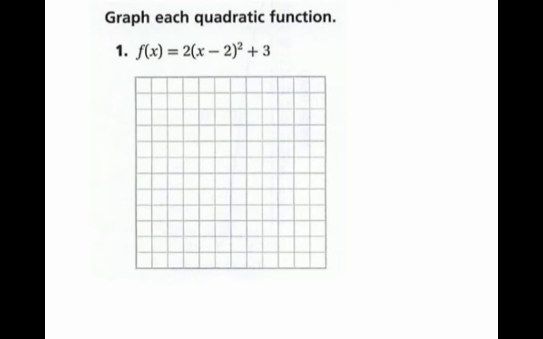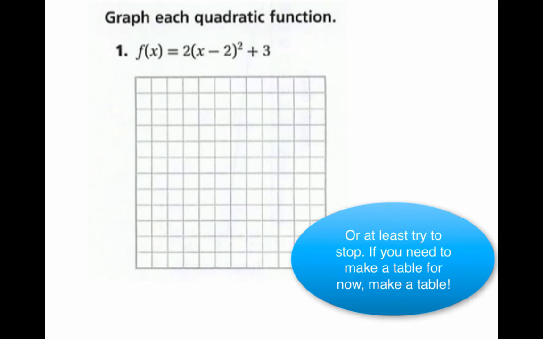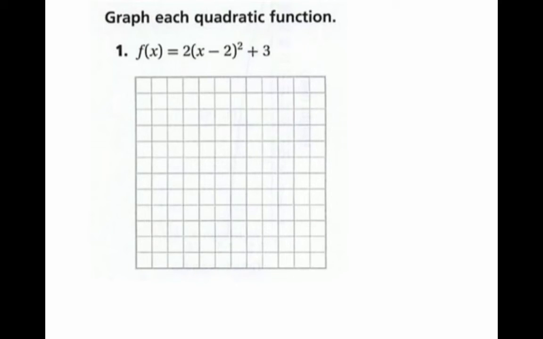Okay, so for your homework, one of the things that they ask you to do is graph each quadratic function. In the past, you made a table. I'm going to ask you to stop making tables. So I'm going to do the first one very quickly for you and then ask you to try it on your own afterwards. So I looked at my h and my k to get my vertex, which is 2, 3. I looked at my a, which is 2.